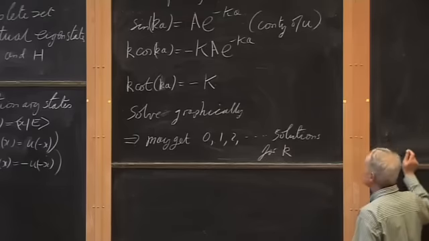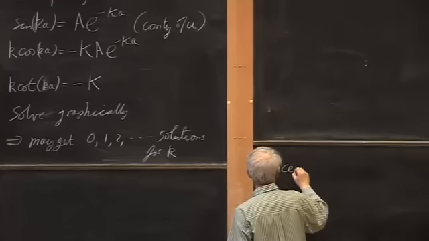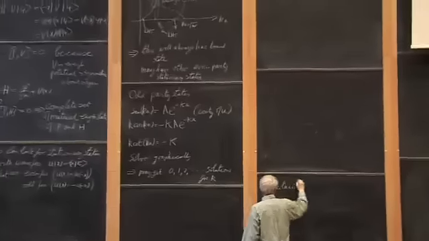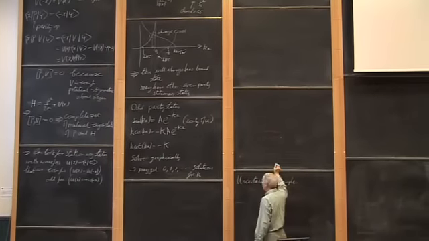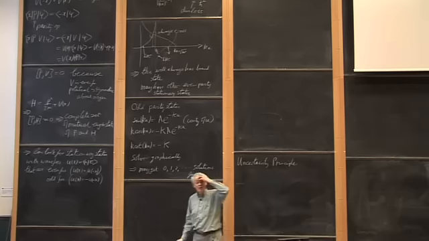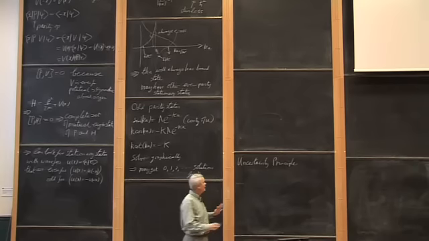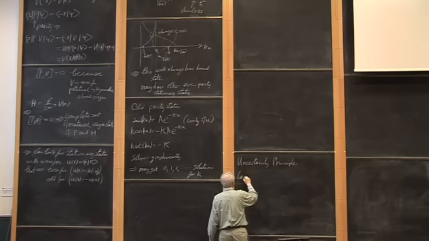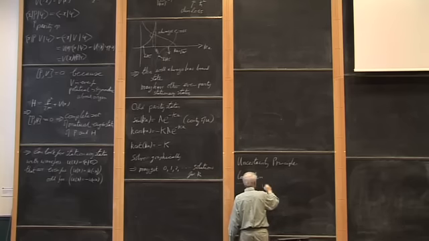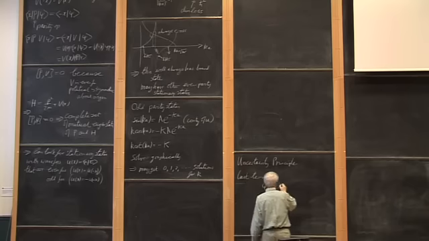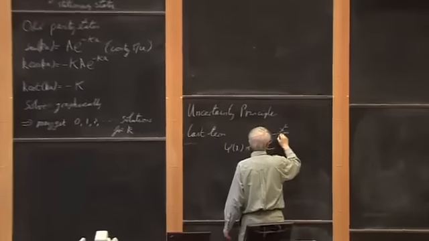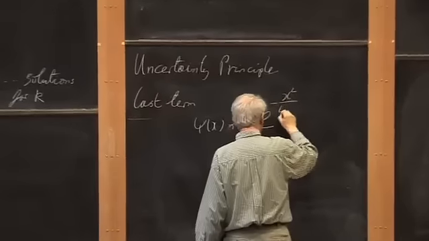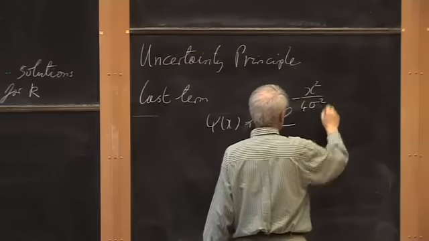Let's have a look at the uncertainty principle in this example. Just to remind you, last term, quite early on, we considered the case where psi of x is proportional to e to the minus x squared over 4 sigma squared.